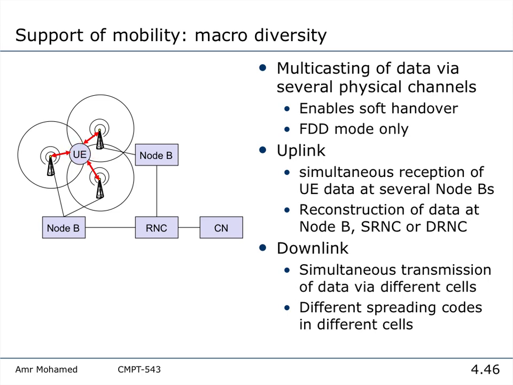Here it becomes in the middle of multiple Node Bs or multiple antennas, right? So the handover in GSM allocates resources in the new BTS, and then moves the service from here to here. So this is what we call hard handover. Hard handover means that the UE will have the service from one Node B at a time, right?